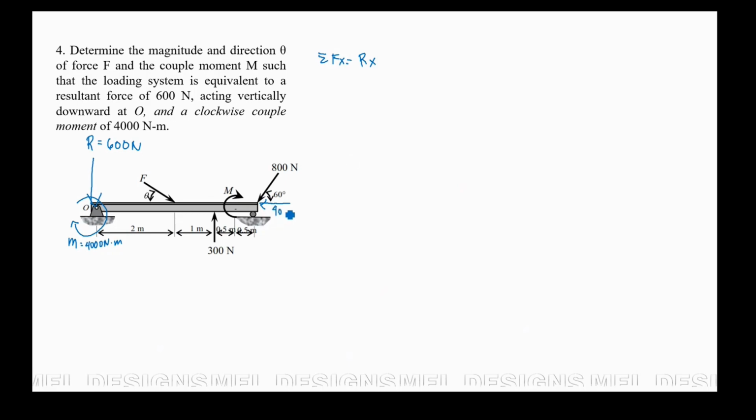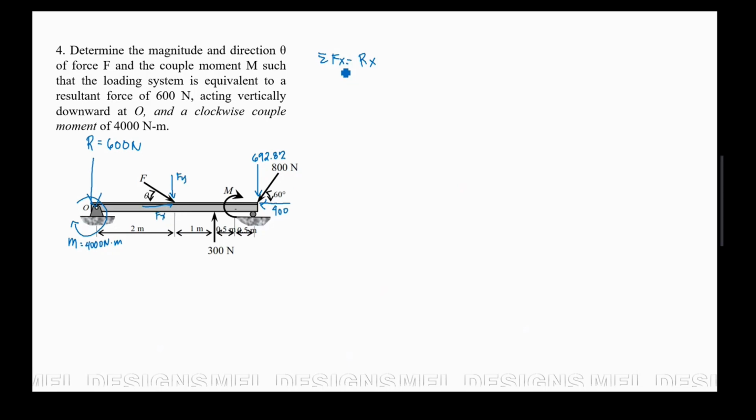This is the x component. And then for this one, 800 sine of 60, we have here 692.82. So these are now the equivalent components of this 800 Newton. And then of course, let's say this is Fy and then our Fx.